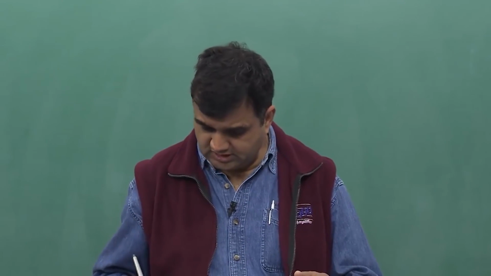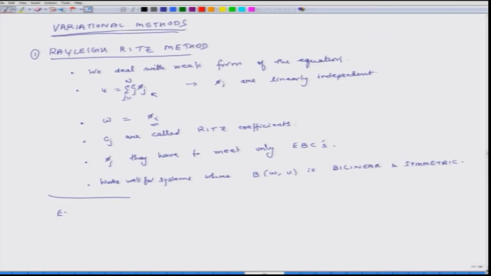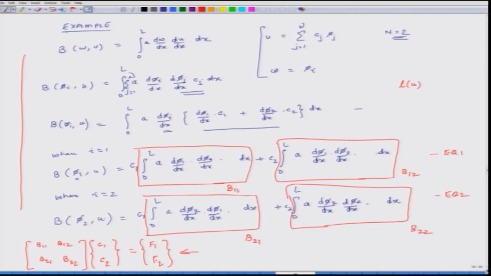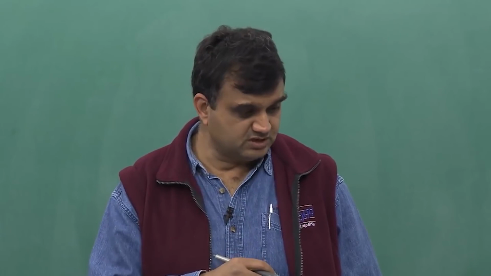Initially we discussed everything in a very abstract sense, where we said that we will get a set of equations B times C equals F, and then we made it more tangible, and for n equal to 2 we computed the values of B11, B12, B22, B21 and also F1 and F2. In the next example we will do a real equation and solve for some of these terms.